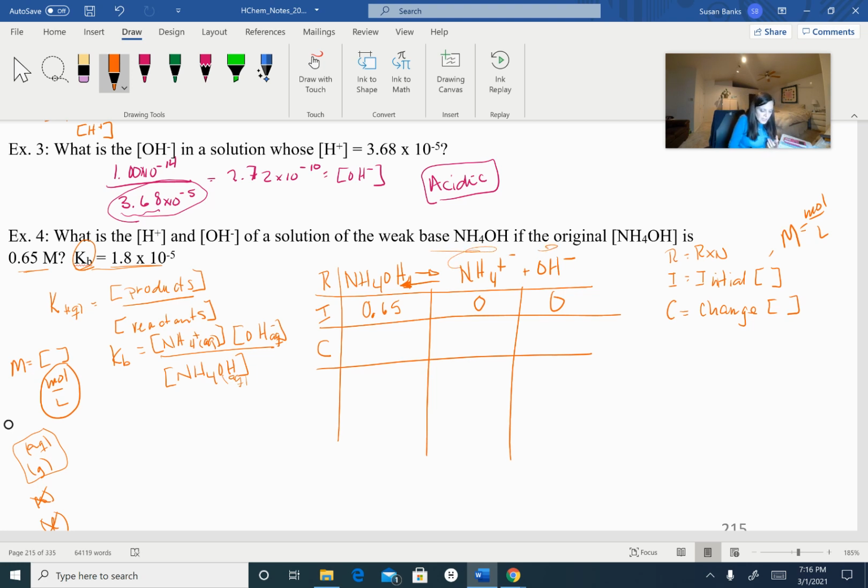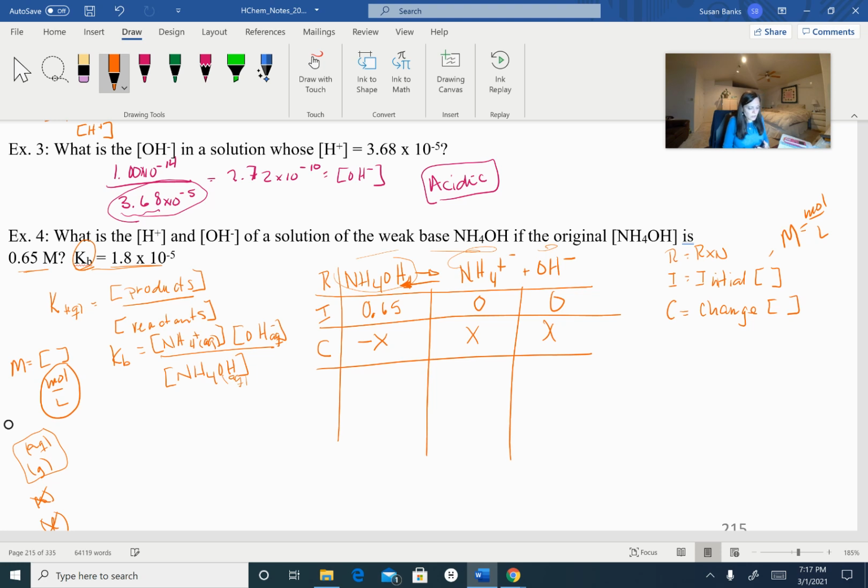So that means that for every ammonium hydroxide that is taken apart, I'm going to lose some ammonium hydroxides to make some ammonium ions and some hydroxide ions. So every one of those ammonium hydroxides that are taken apart, I'm making one ammonium ion and I'm making one hydroxide ion.